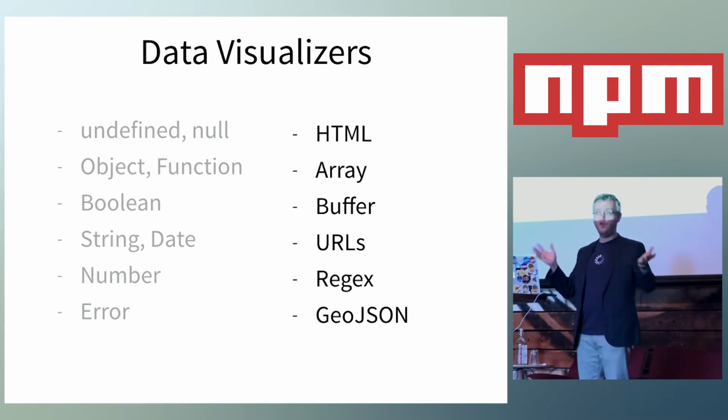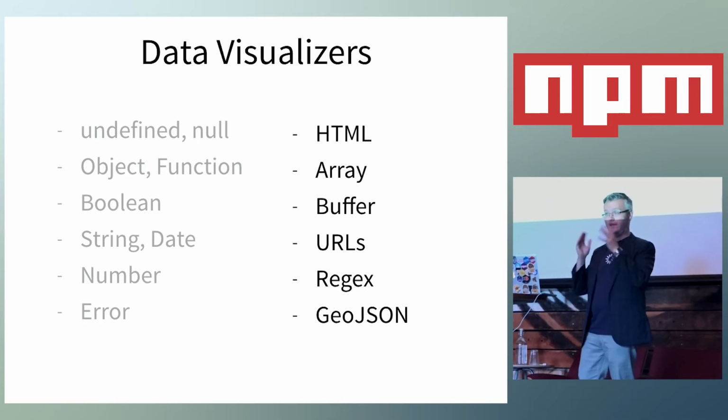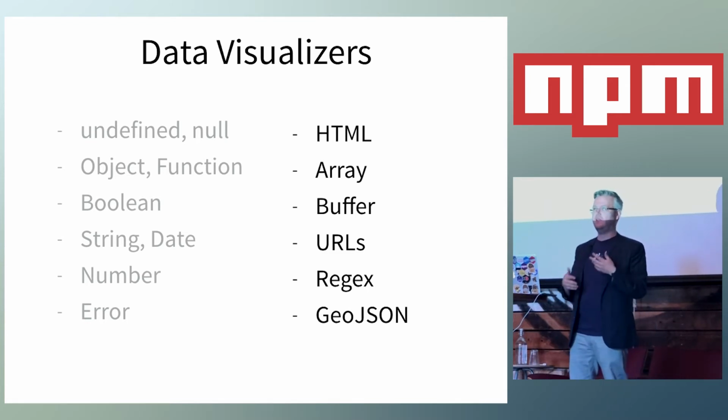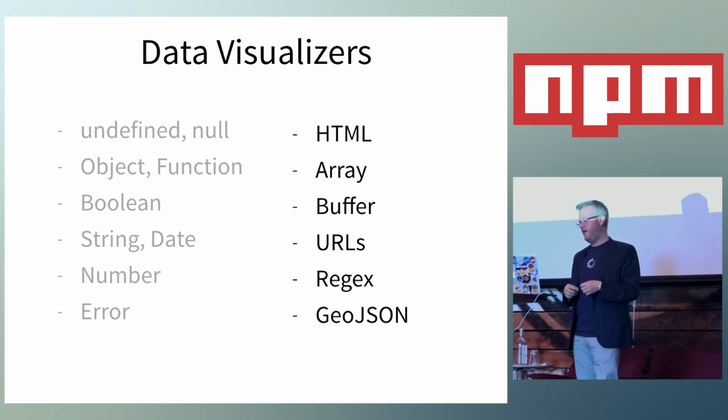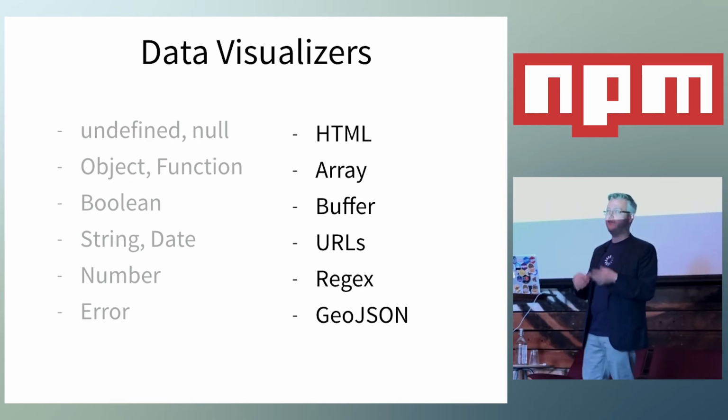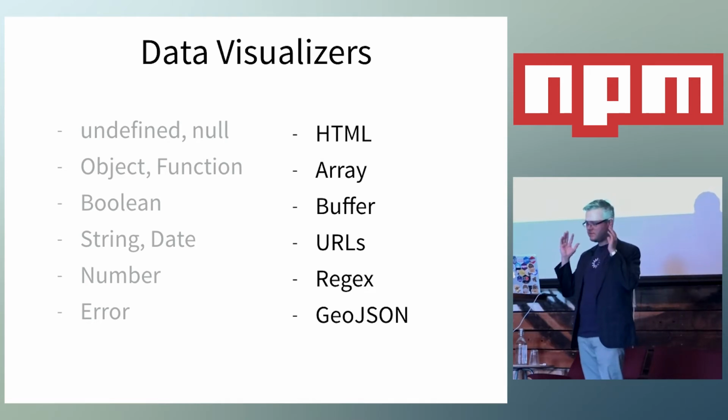I love Node's REPL, but when you type node, it's about as good as you can get in a textual form. We all know the web development experience with inspectors is really fantastic. So we have visualizers like you would have in the Chrome inspector or Safari inspector.